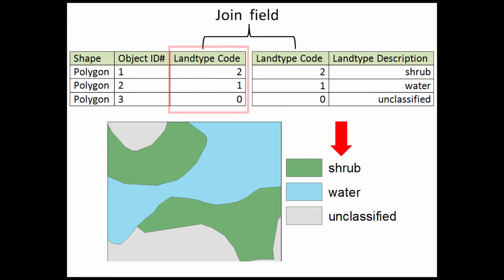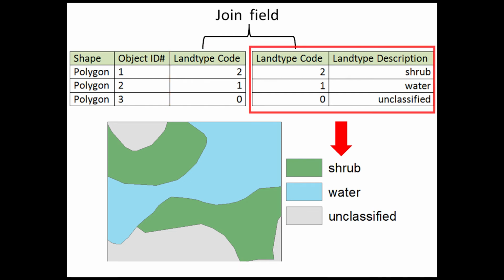The land type category in this table is referenced by a code. The second table, shown on the right side of the image, contains the textual description of the categories and also a land type code. Thus, the two tables share the land type code field in common. This will allow the two tables to be joined to one another.